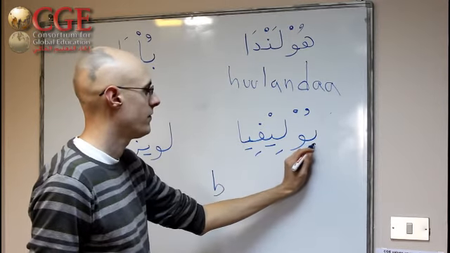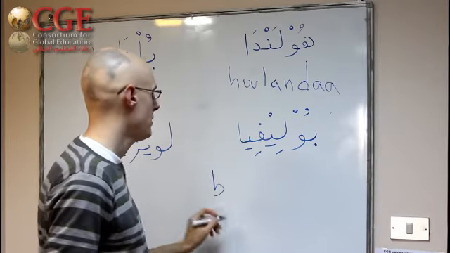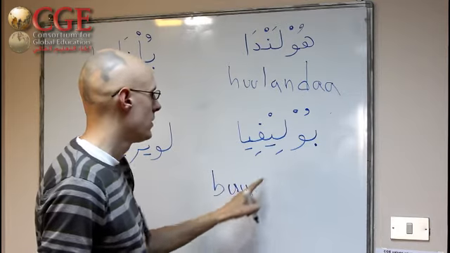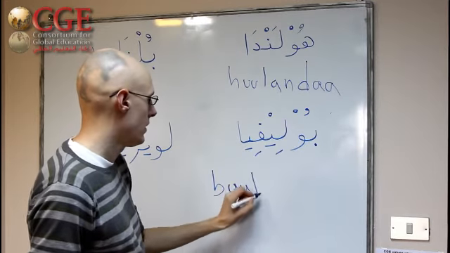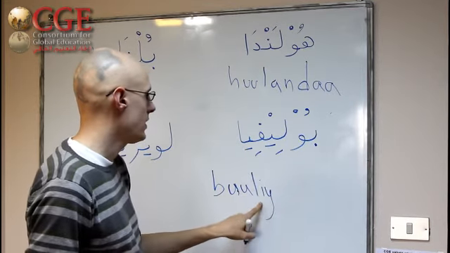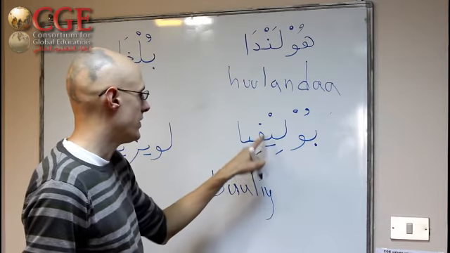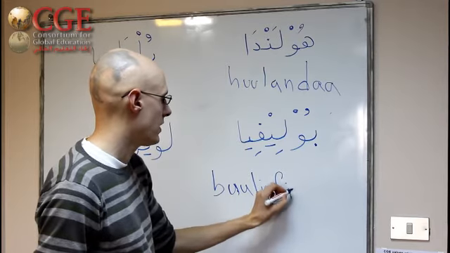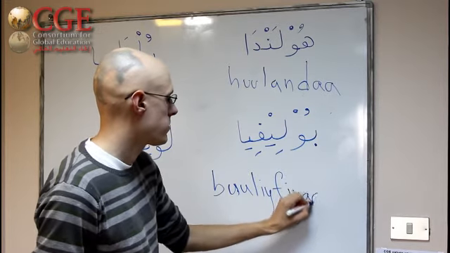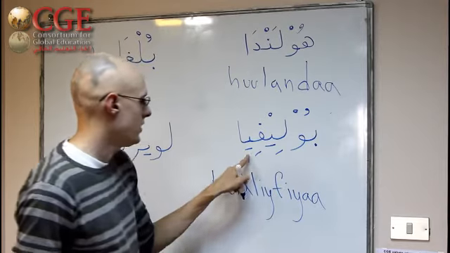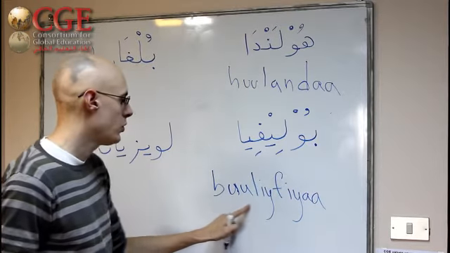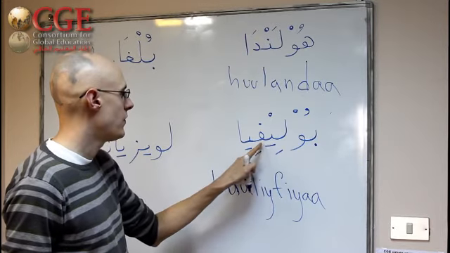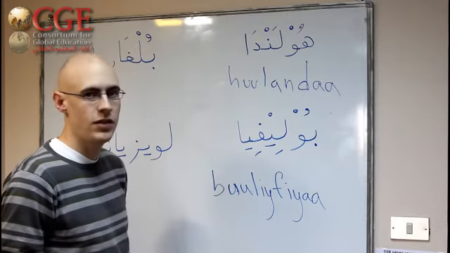Below it, we've got a dot on bottom, makes a B sound, followed by a long U, L, long I, and we have an F. And again, a Y plus a long A. Bolivia.